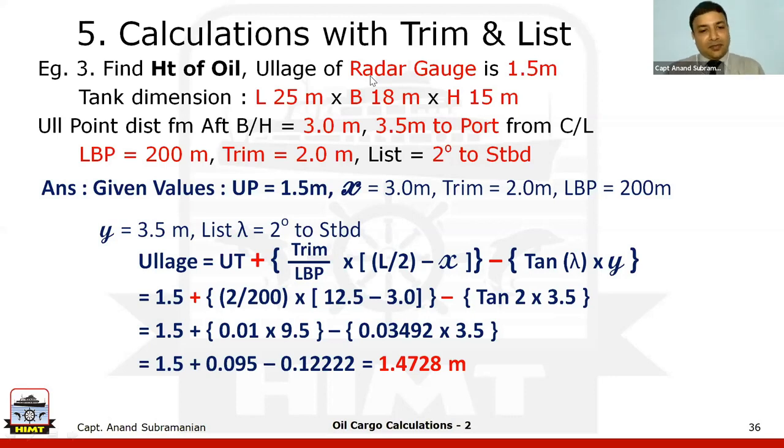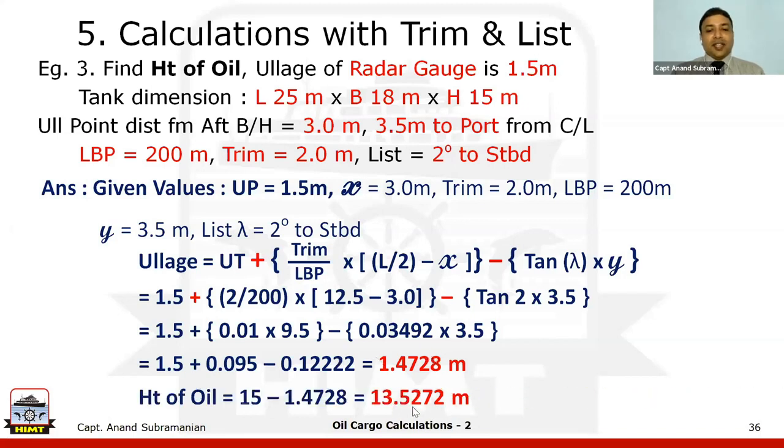Fifteen, the tank height, minus 1.4728. That is 13.5272. That's it. So you can directly use the formula and put in the values and you'll also get the same answer. Once I get the height of the oil, the next step is volume. After I get the observed volume, then GSV to metric ton in air. Clear? Any doubts?